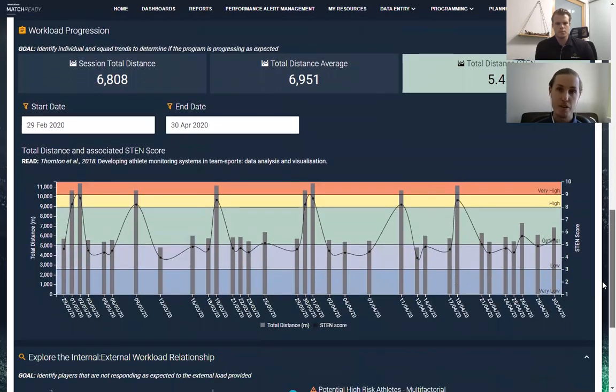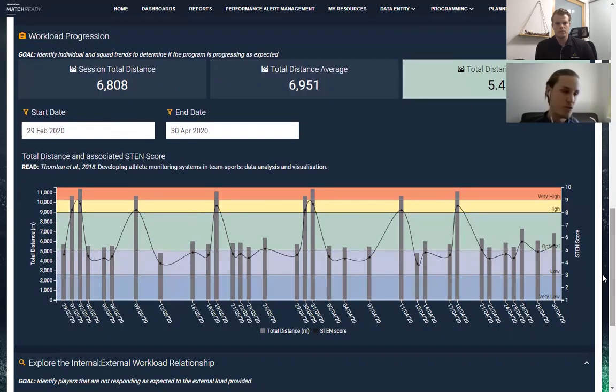The next question I'm often asking when I'm working through with our clientele and with various organizations is where did the players come from in terms of their load over the program, both internally and externally, and being able to identify both individual and squad trends to determine if they're actually progressing as expected.